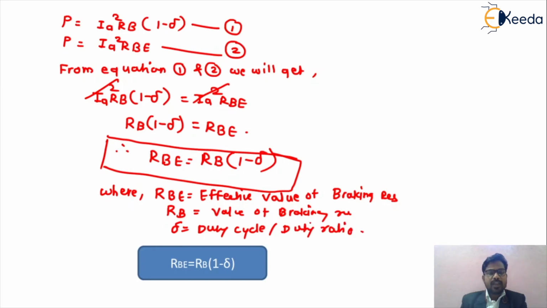So friends, in this way we have derived the value of RBE equal to RB into 1 minus del. This will be the required expression of the effective value of your braking resistor.